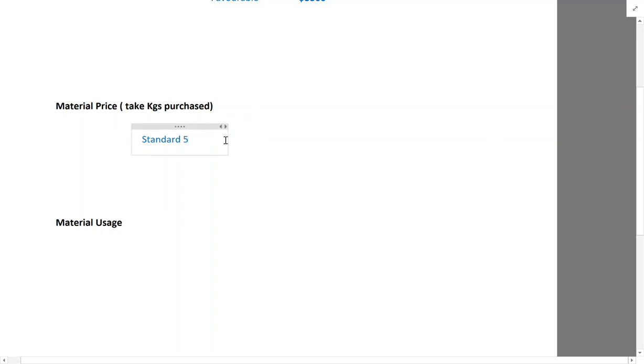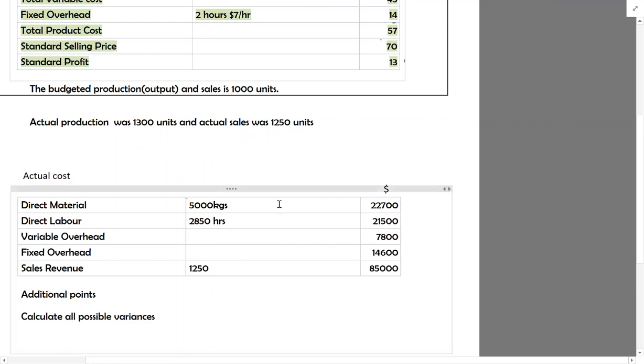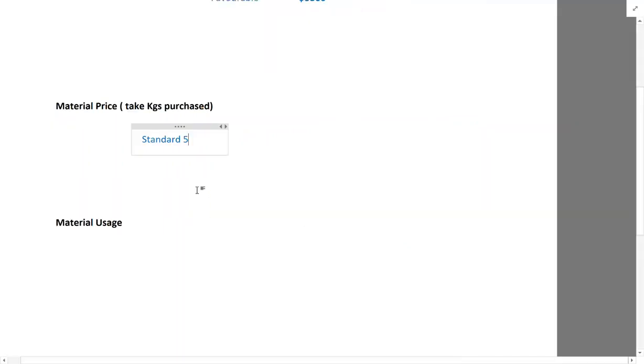So we have 5,000 kgs purchased. Sometimes this kgs purchased and used is different. This question doesn't have it, so I'm making you prepare for other questions that might come, okay? So when there is two kgs, kgs purchased and kgs used, when we talk about price, we pay for purchase, no matter how much we use, okay?